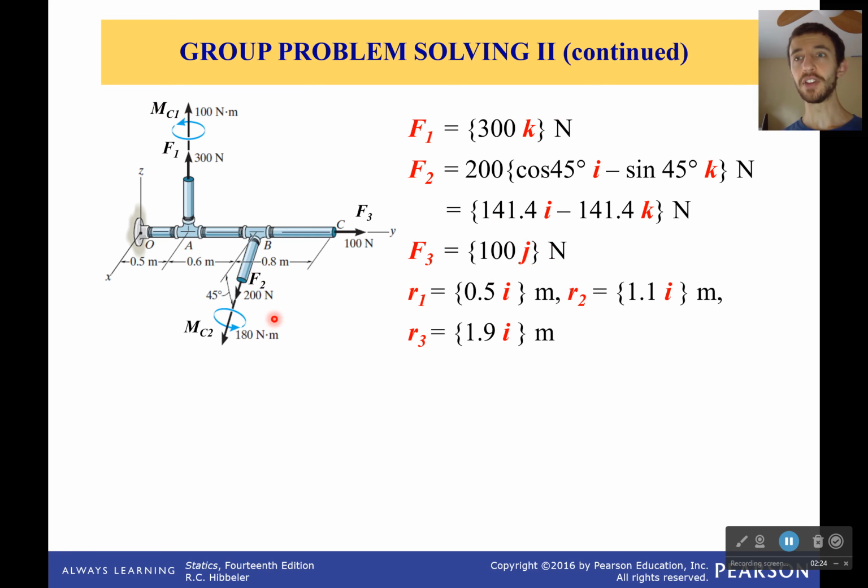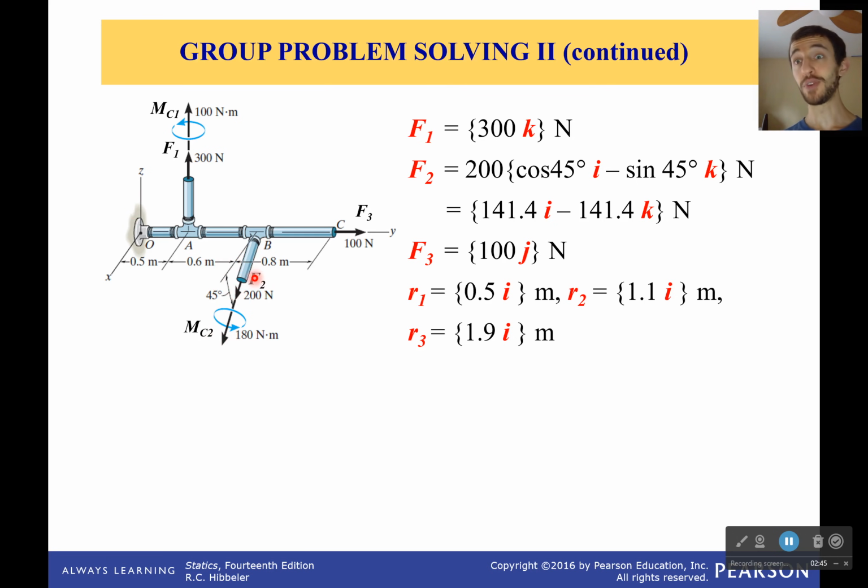Now, while initially you probably looked at this and didn't notice, it is not along the x-axis, it's actually at an angle. And you see that it's angled downward. It is in the zx plane, so it's a 45-degree angle from the x-axis. With that, we can solve this problem.